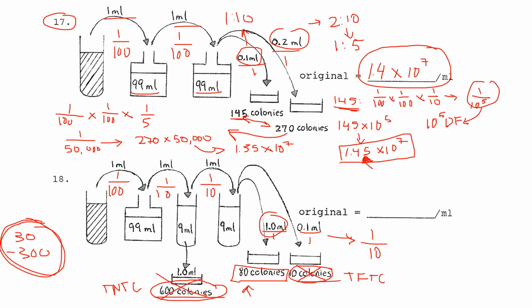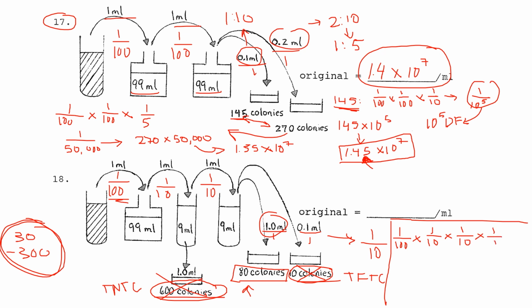So in this case, let's see, where's the best place to write it? I'm just going to make a little box here. So we do our 1 over 100 here, right, times our 1 over 10 times 1 over 10, right, and then the amount we plated was just 1 over 1, so that's just 1, right?